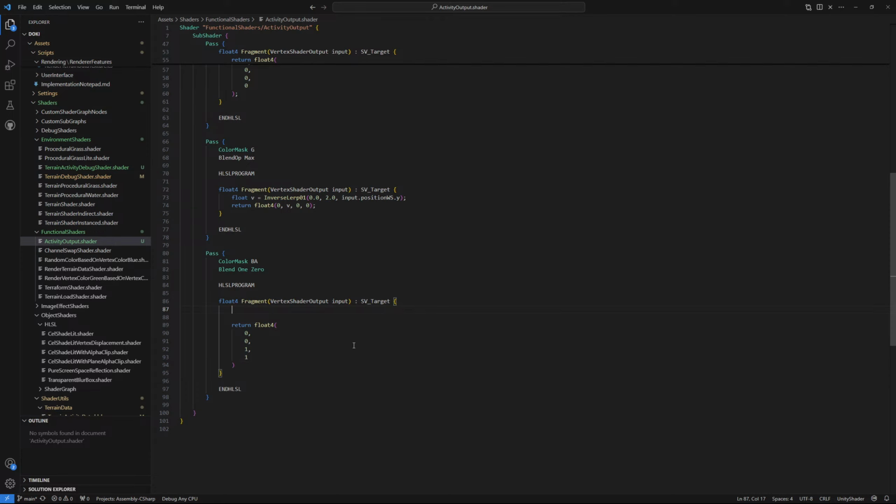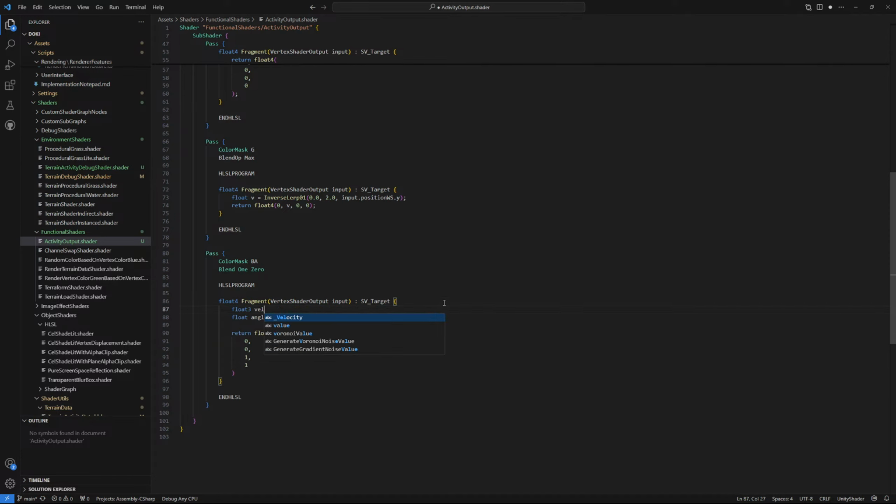So let's just do float angle is equal to signed angle between float3 0 0 1 and float3 velocity dot x, 0, velocity dot z. I wonder if we can do it like this.